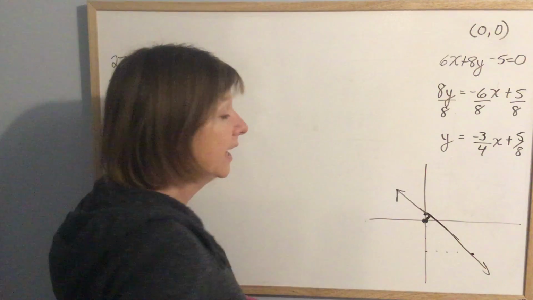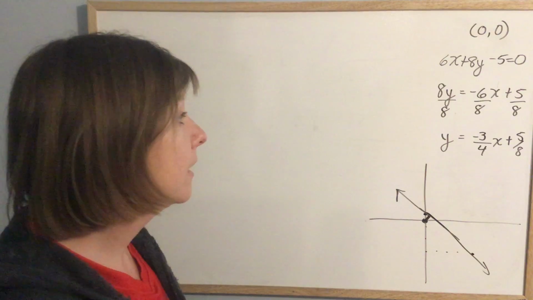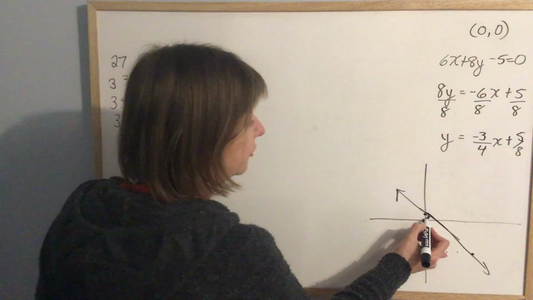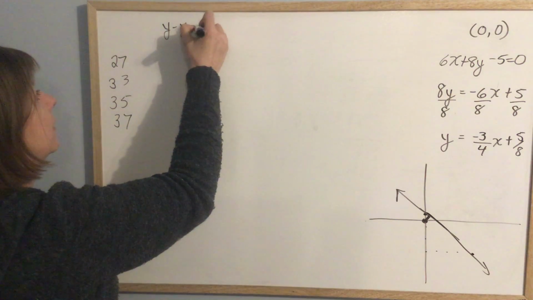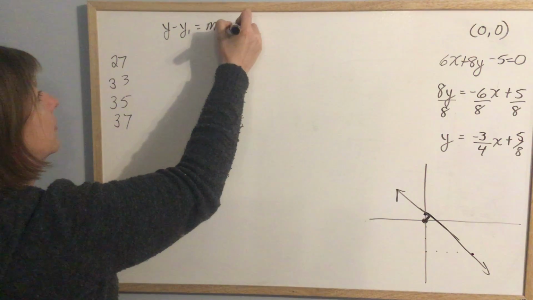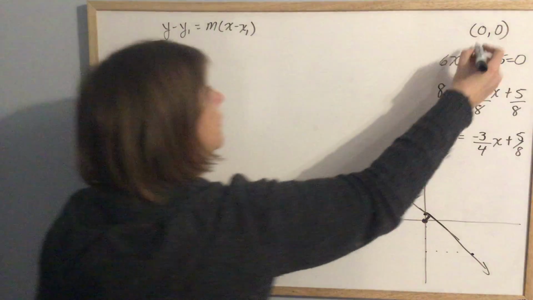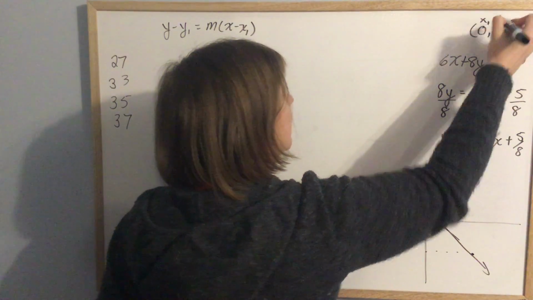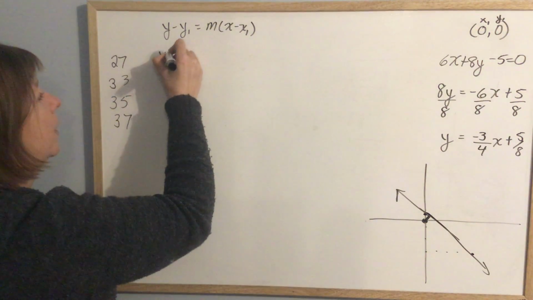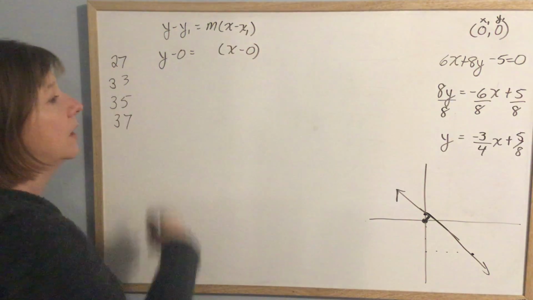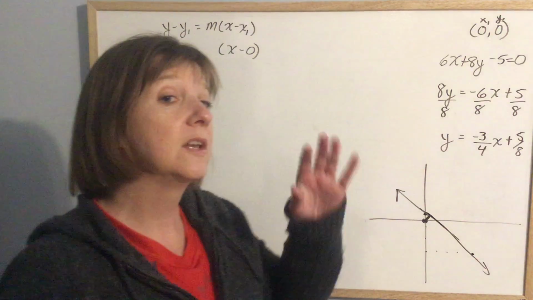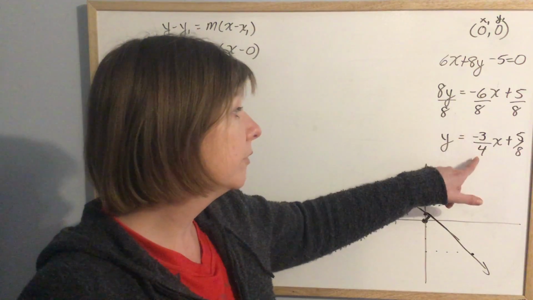So again, I'm going to come up with an equation for this short little line. y minus y1 is equal to slope times x minus x1, this being my x1 and my y1. So y minus 0 and x minus 0, but what I need is a slope. The slope is the negative reciprocal of this one.